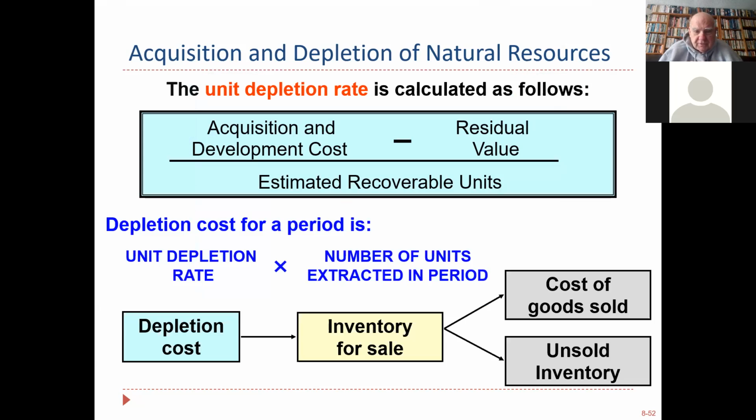Acquisition and depletion. Let's take a look at this. The acquisition cost, again, you get rid of the residual value, and that is going to be the amount that you will deplete. And you're going to have an estimated recoverable units. You dig an oil well and you strike oil, your engineers are going to go into that thing.